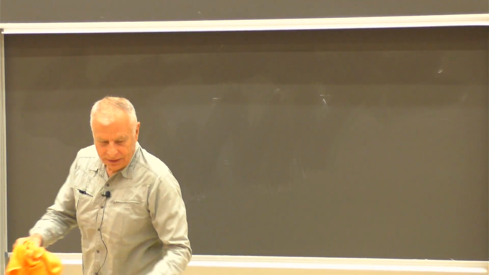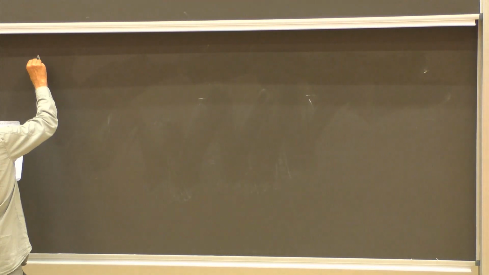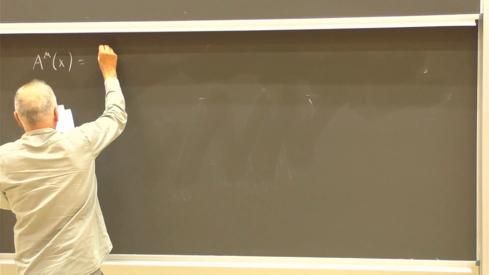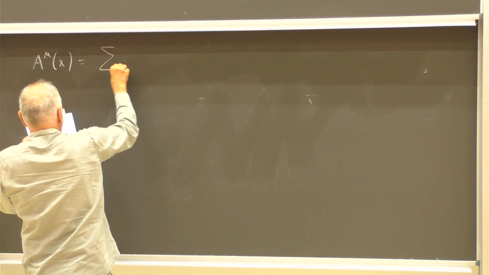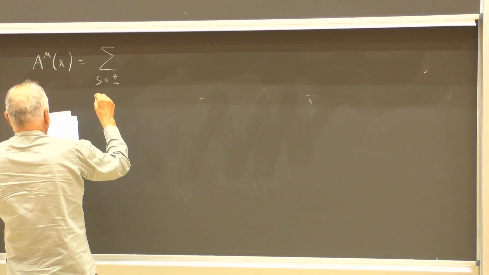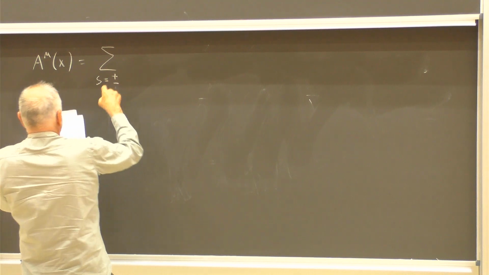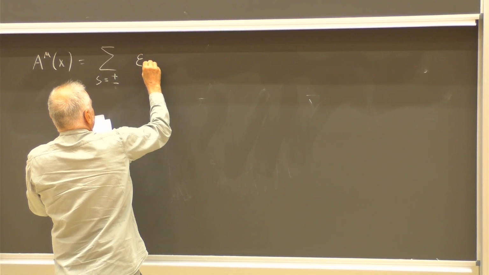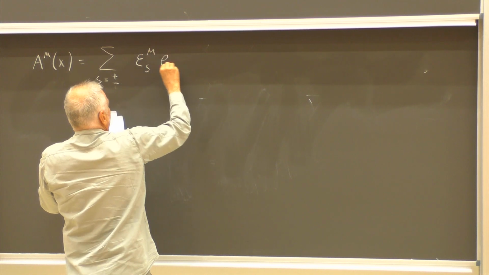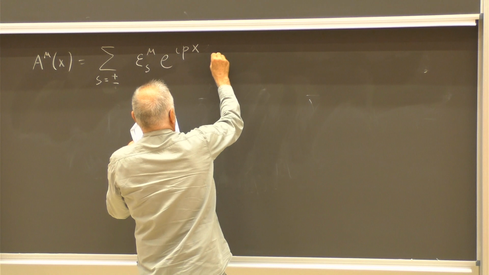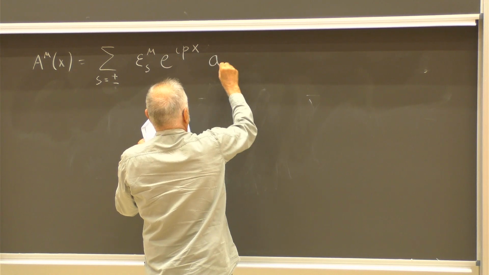What you do is write down the solution of Maxwell's equations as a superposition of plane waves. So let's write down one plane wave. Again, you have two possible polarizations, and so again, helicities of gluons or photons, and you have positive and negative energy waves.